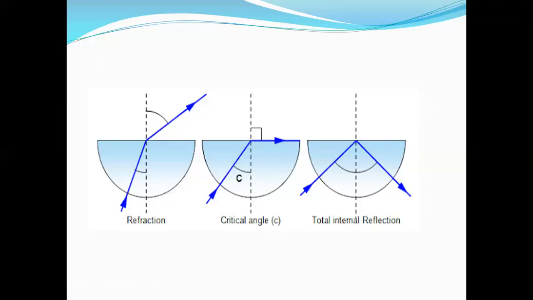So what is total internal reflection? If the angle of incidence is greater than the critical angle, then light comes back into the same medium, and this phenomenon is called total internal reflection.